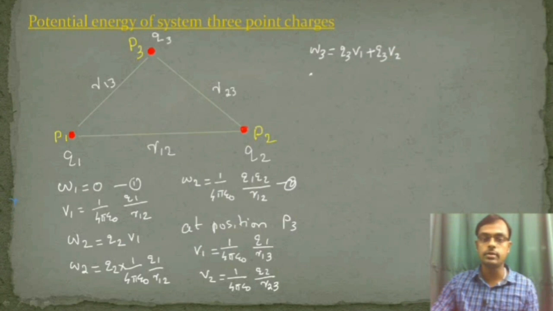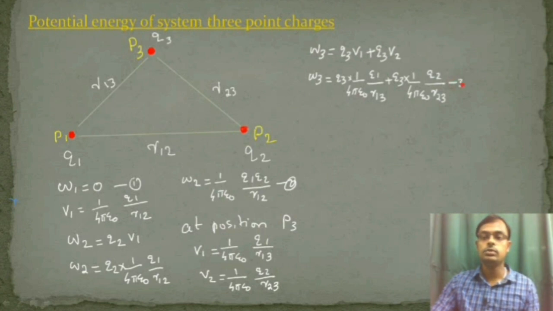So W3, the work done to bring the charge Q3 in the presence of Q1 and Q2, is equal to Q3 into 1 by 4 pi epsilon 0 Q1 divided by R13 plus Q3 into 1 by 4 pi epsilon 0 Q2 divided by R23, the distance between P2 and P3. So this is the W3.